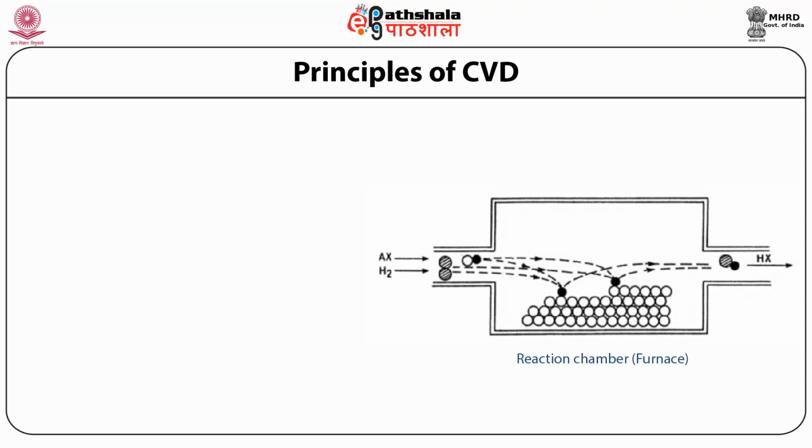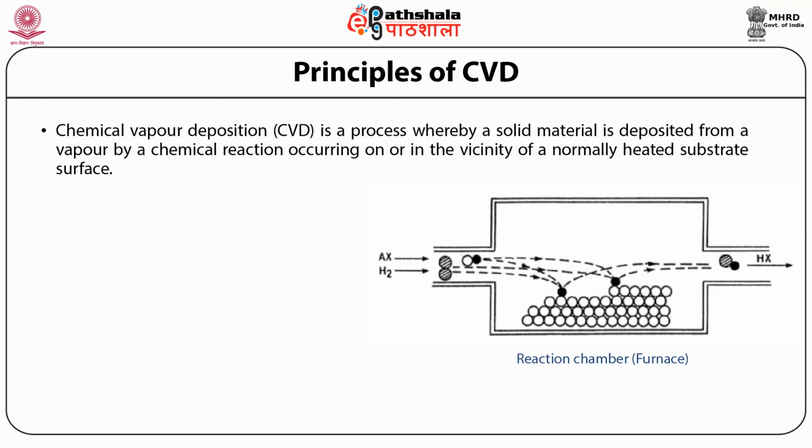Let us now discuss the principle of CVD. Chemical vapor deposition is a process whereby a solid material is deposited from a vapor by a chemical reaction occurring on or in the vicinity of a normally heated substrate surface.